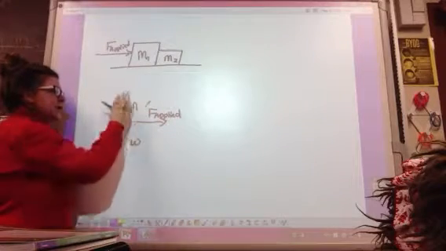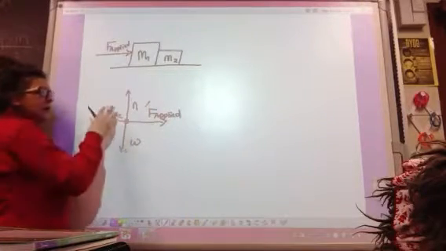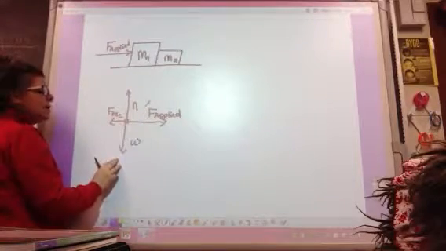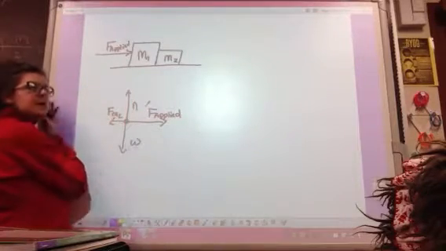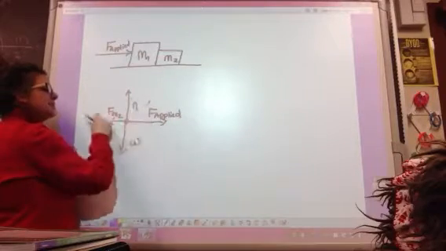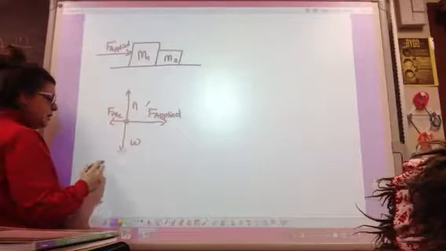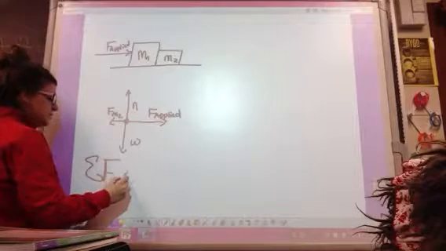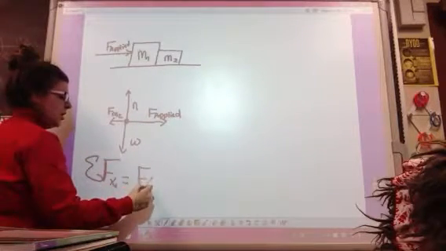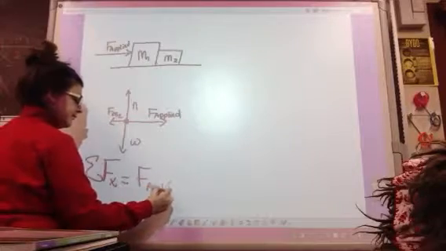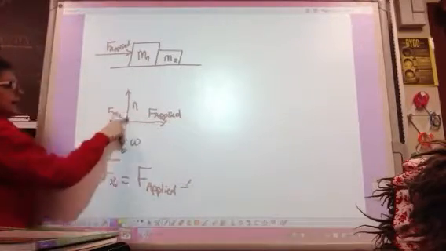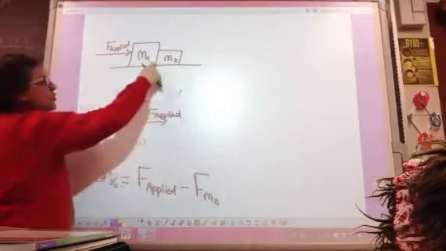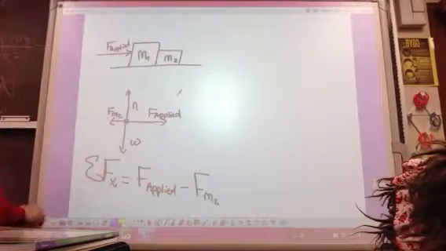Since I don't have a change in motion in the y direction, my normal and my weight force would be equal to each other. But these two are where I would get my acceleration. So the net force in the x direction would be that applied force minus the force of that second mass that would be pushing back a little bit on mass number 1.